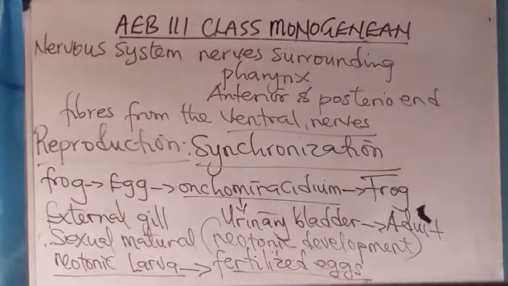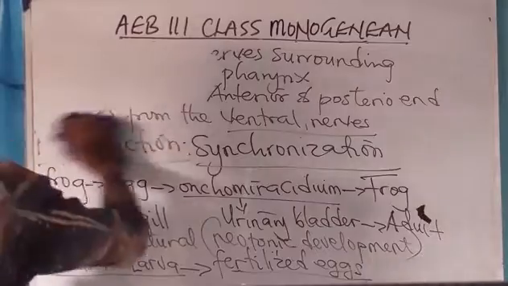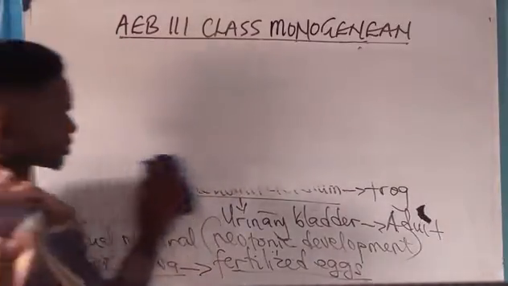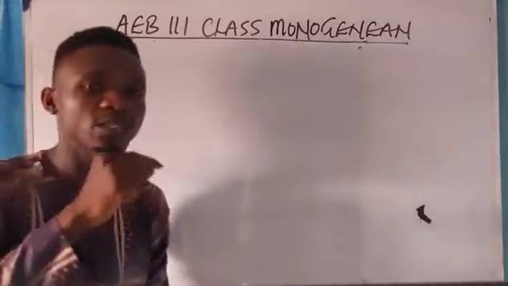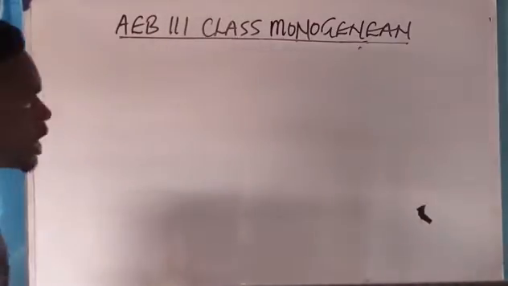Now let's jump into the class Trematoda, or subclass Digenea. You say subclass Digenea, you say class Trematoda. You can now know the difference: Digenea is a subclass under class Trematoda. Now, I've given the features of their body.